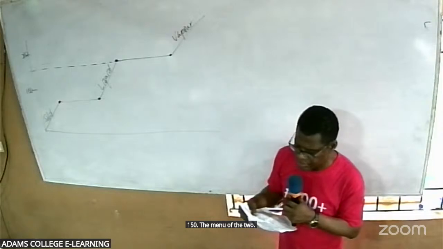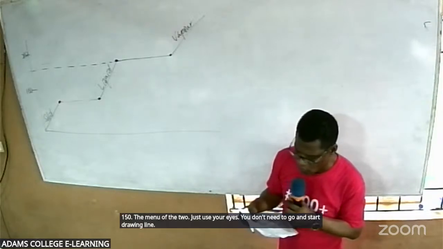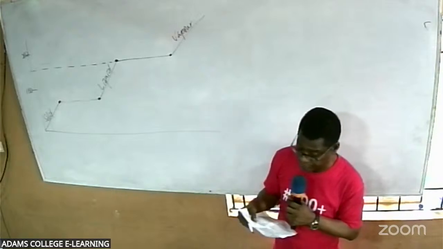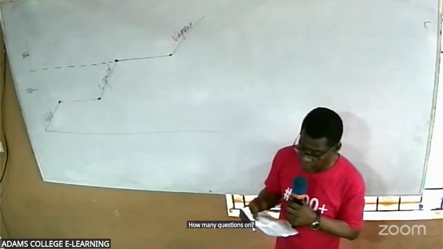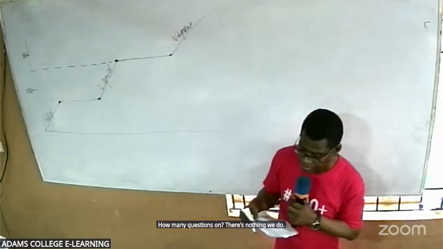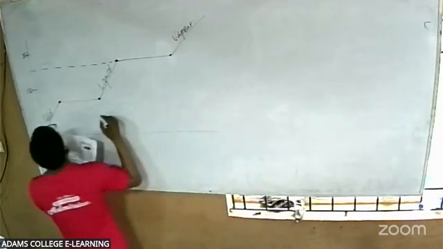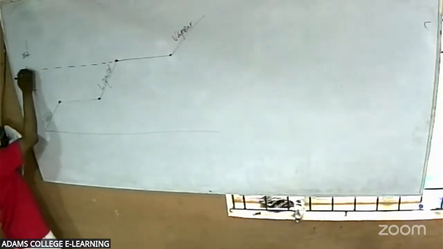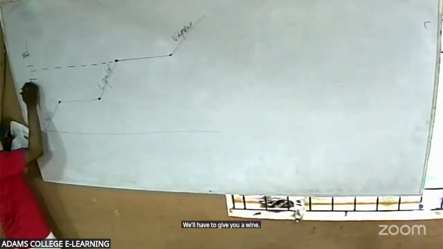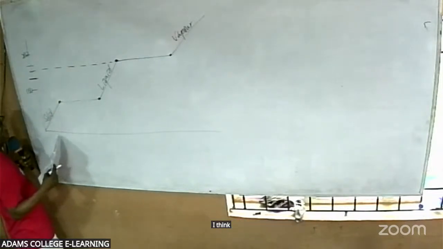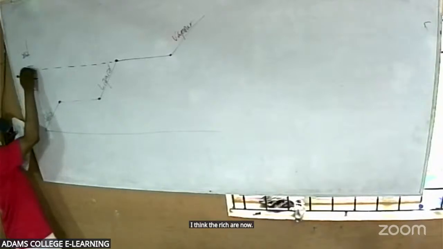Just use your eyes; you don't need to start drawing lines. That's not the question. It's not the middle, it's not three divisions. We have three divisions: 1, 2, 3.